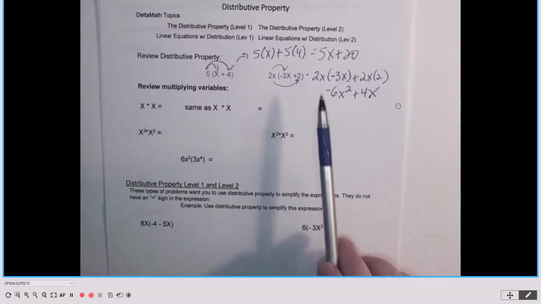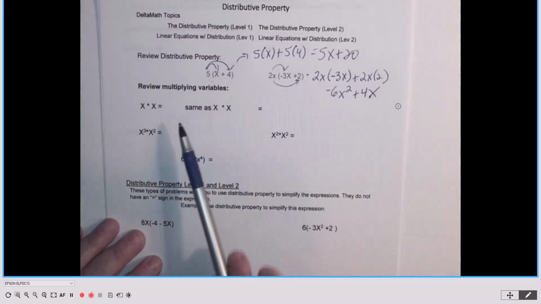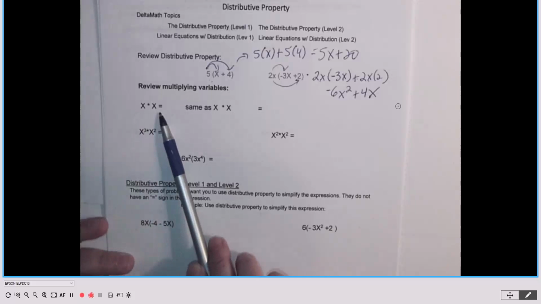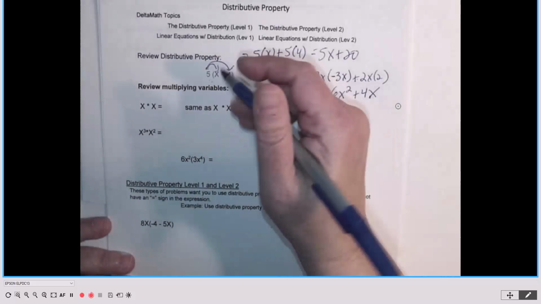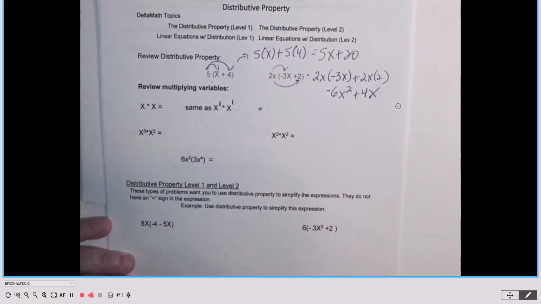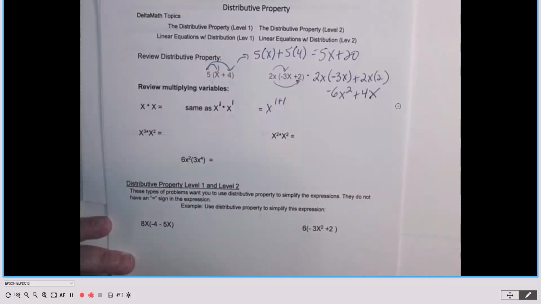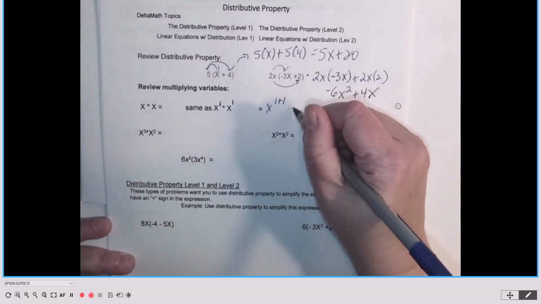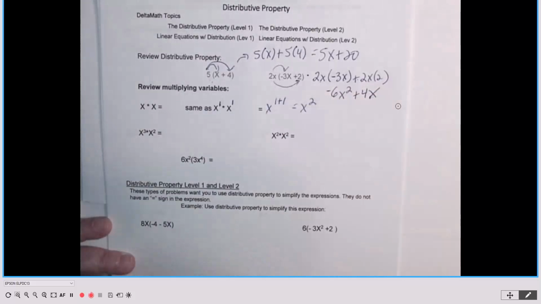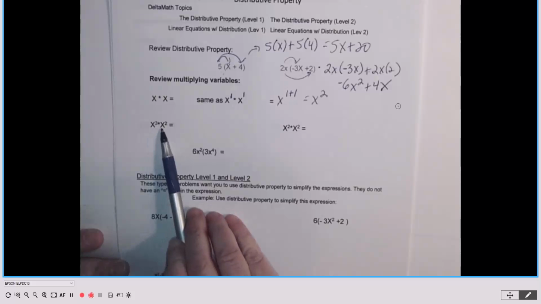Let's review how multiplying x's together really works. When we're multiplying x times x, you're really saying it's x to the first power times x to the first power. It's an additive operation for the exponents, so x to the 1 plus 1 is x squared. Let's take a look at x cubed times x squared.